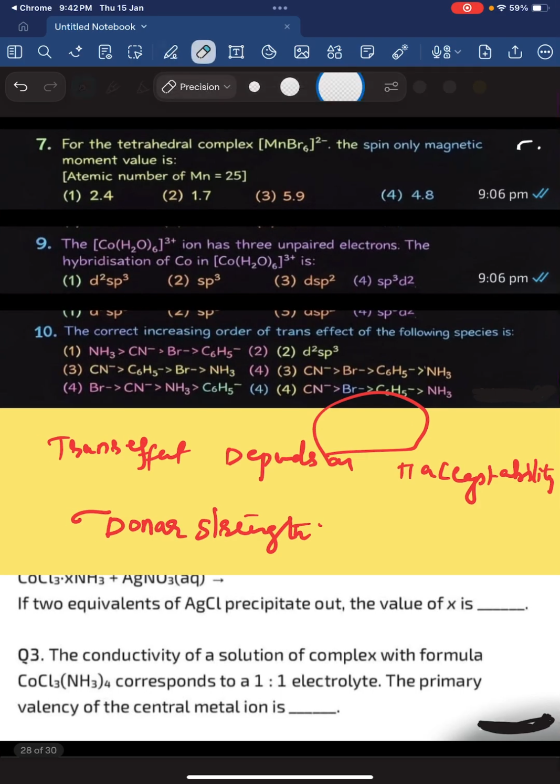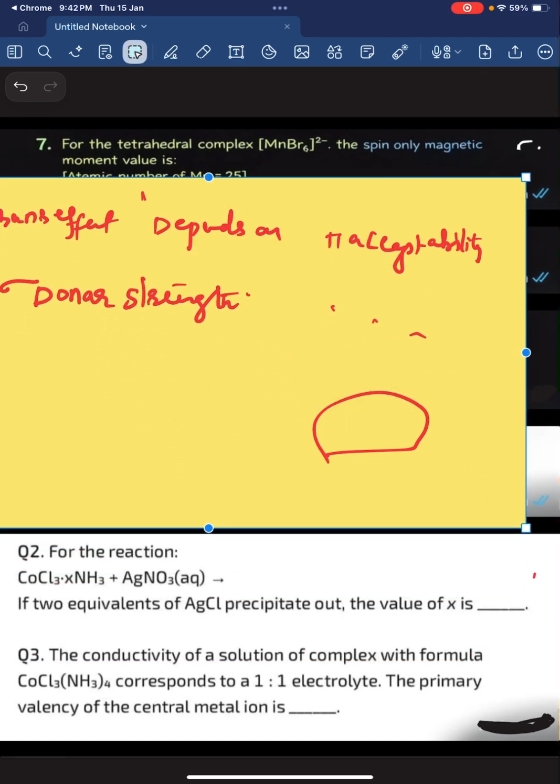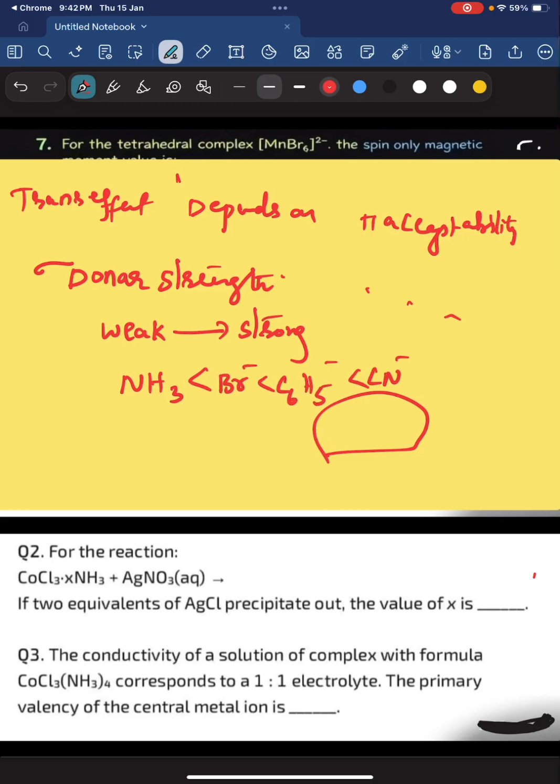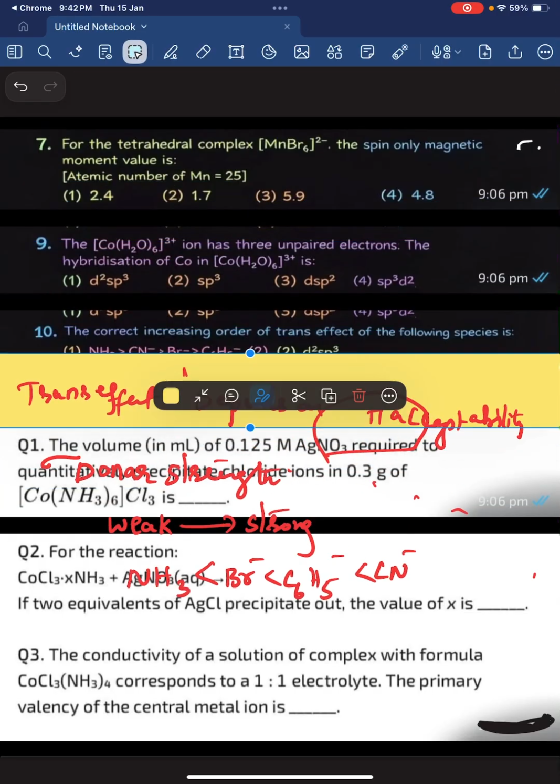Based on this we can conclude the answer. We know that the ligand strength order from weak to strong is NH3 less than Br minus less than C6H5 minus less than CN minus. So accordingly we can find the answer, and based on this we can select the option.